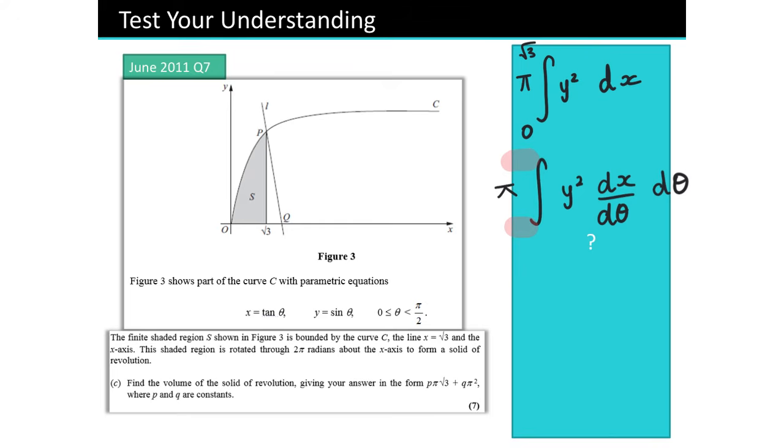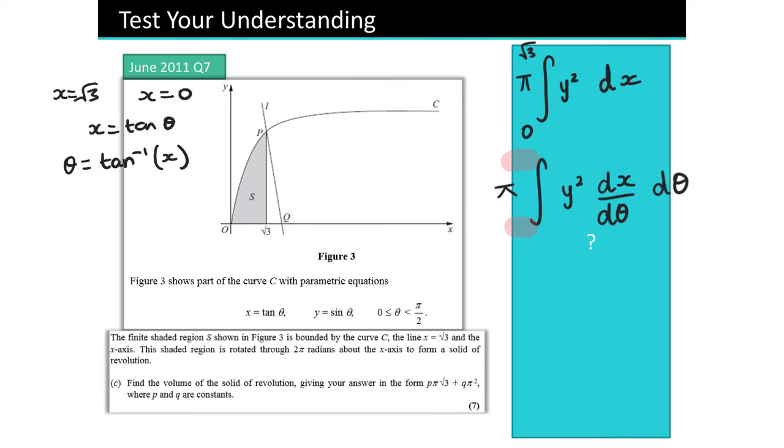Our new formula. So, first of all, if x equals root 3, how do we find what theta equals? First of all, let's do our limits. We know that x equals root 3 and x equals 0 from the question. We know that x equals tan theta. So, to find theta, we're going to do inverse tan of x. Everyone happy with this?